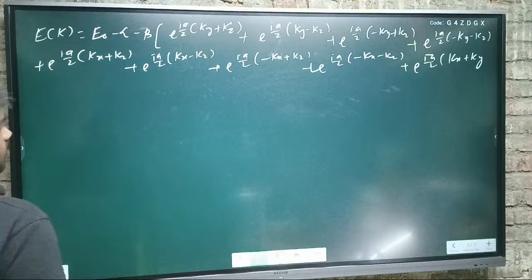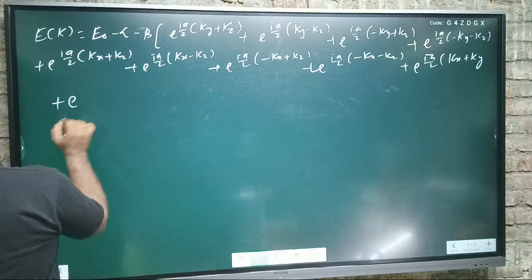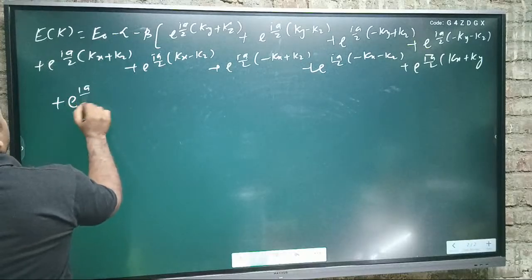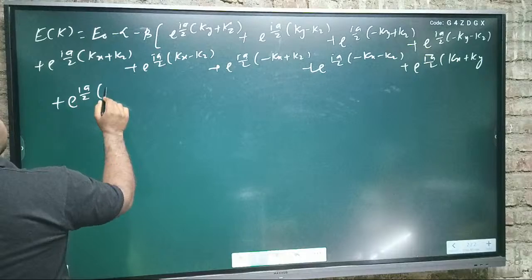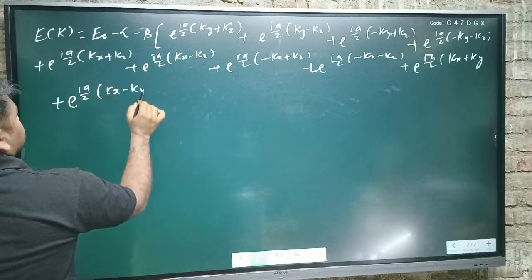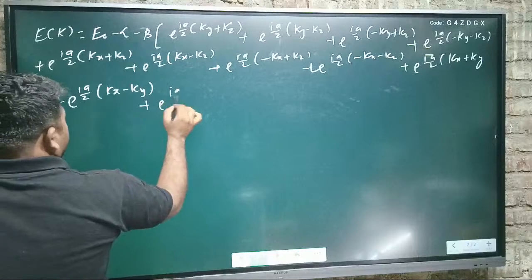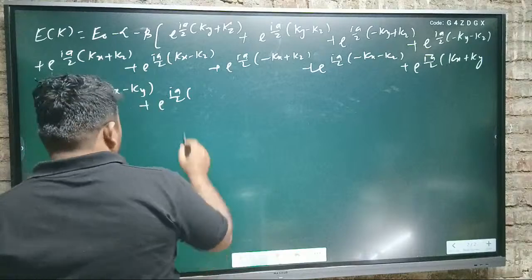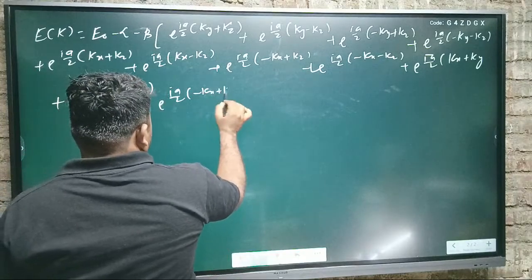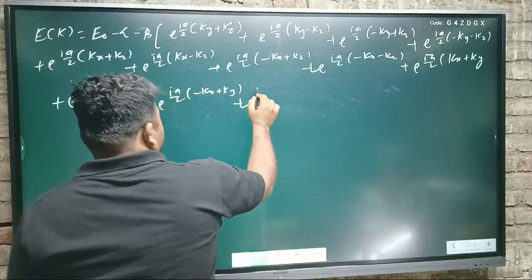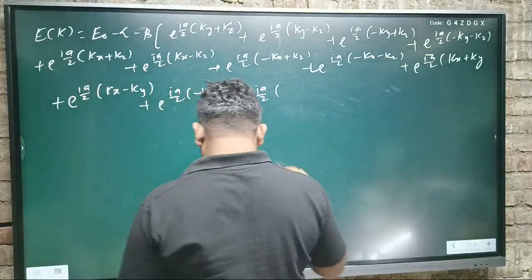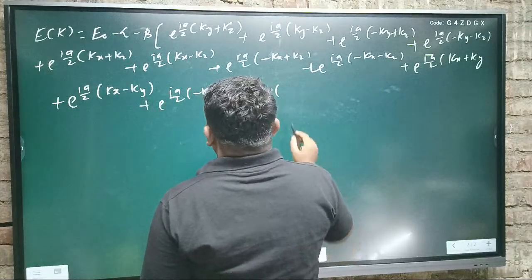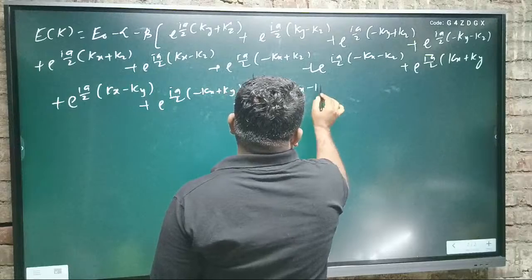kx plus ky, plus e to the power i a by 2 (kx minus ky), plus e to the power i a by 2 (minus kx plus ky), plus e to the power i a by 2 (minus kx minus ky).